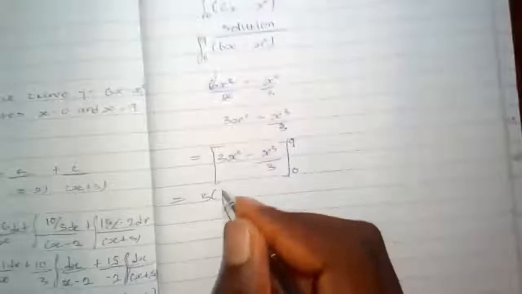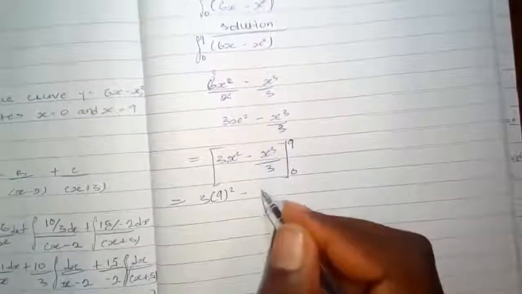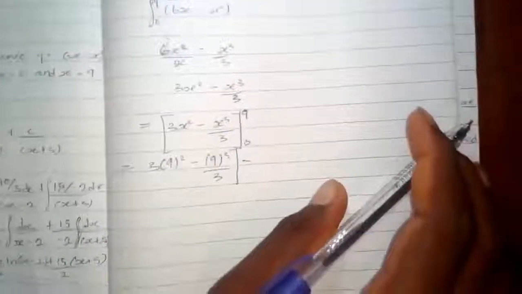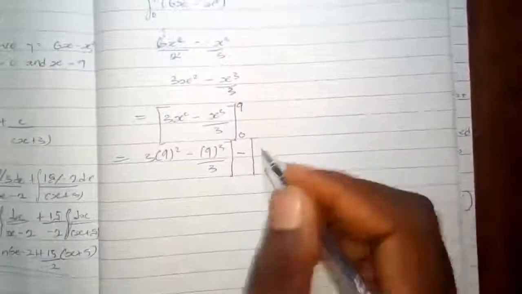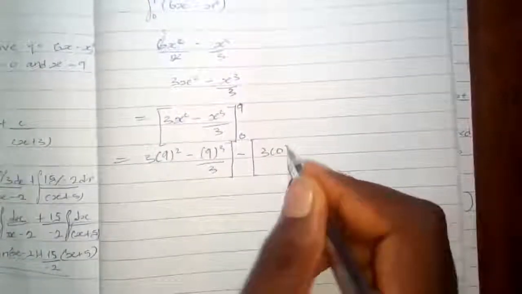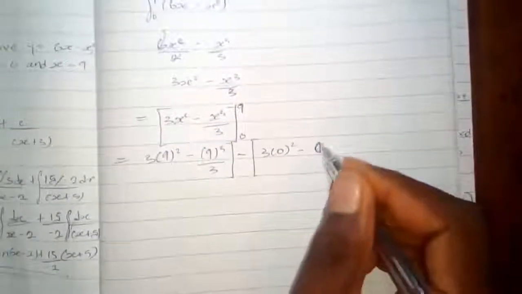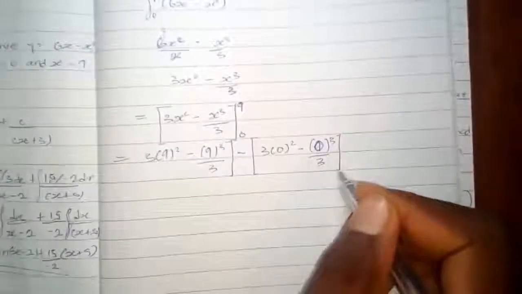This is going to be 3 times 9 squared minus, anywhere you see x you put 9, cubed over 3 close bracket, minus this other coordinate to be 3x squared minus, 0 rather, cubed over 3, bracket close.